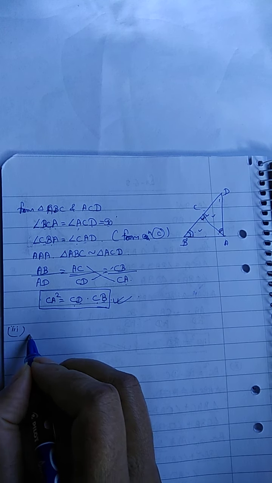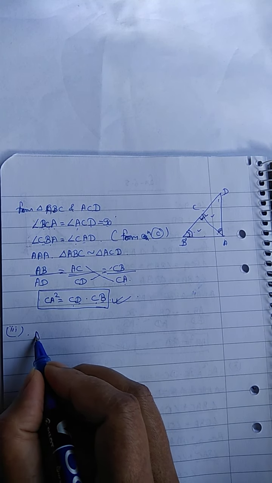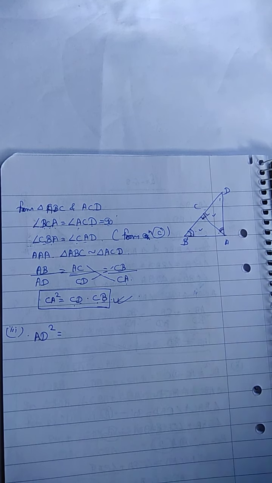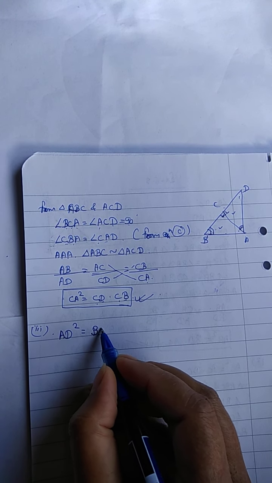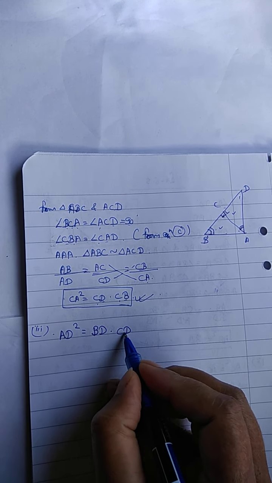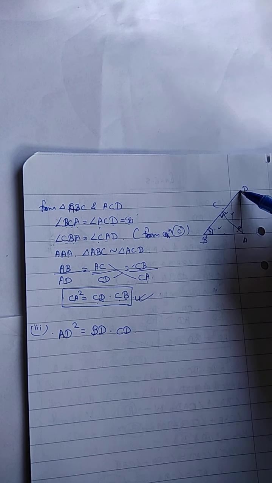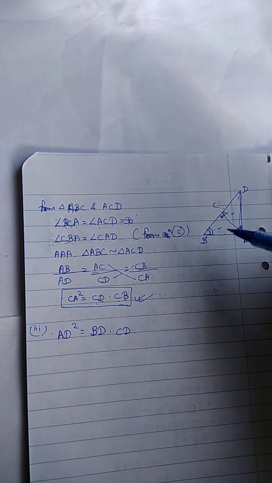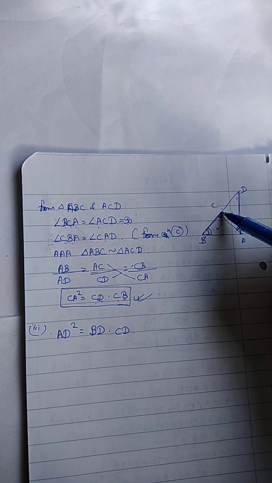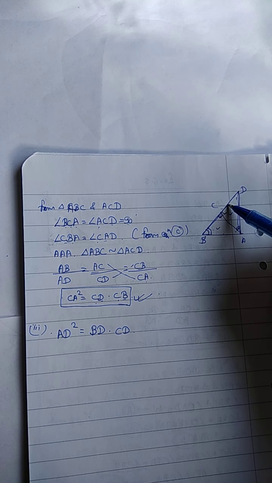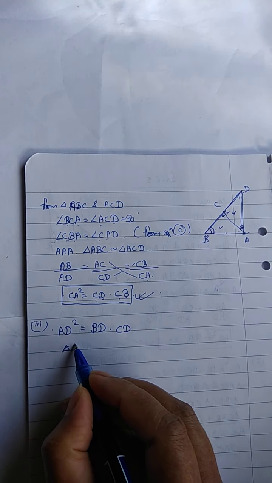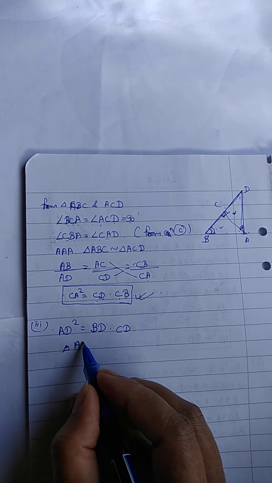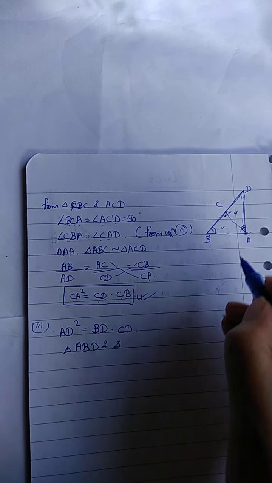Now the third one. In the third, AD square equals BD into CD, right? So where is AD? AD is here, BD is here, and CD is here, correct? That means we have to take this small triangle and this big triangle, triangle ABD and triangle ACD, this is small.